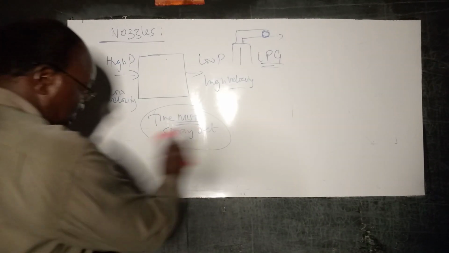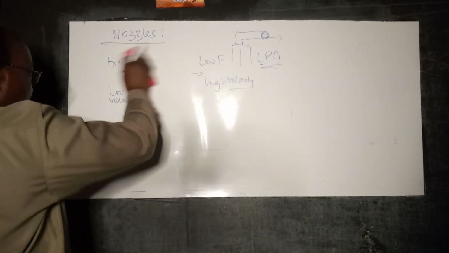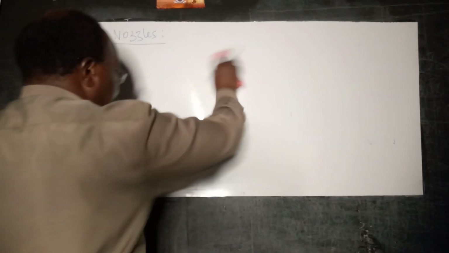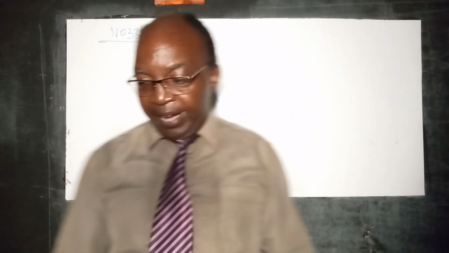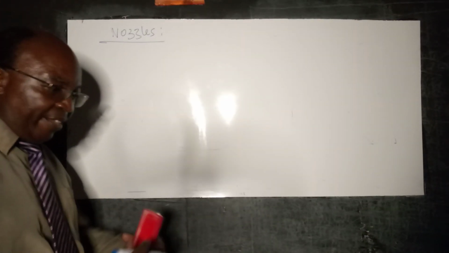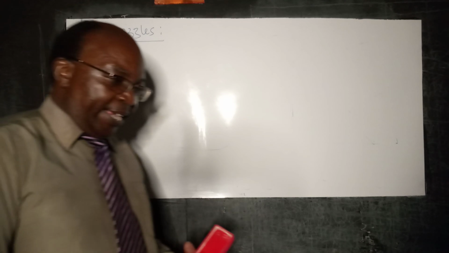Now, we have said that when you are dealing with a nozzle, think of it as a pipe whose cross section varies. So when we have a nozzle, the flow types could be different.